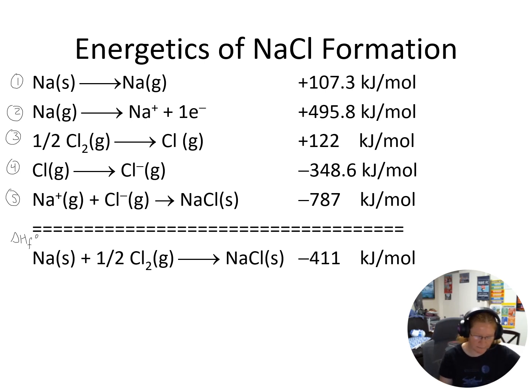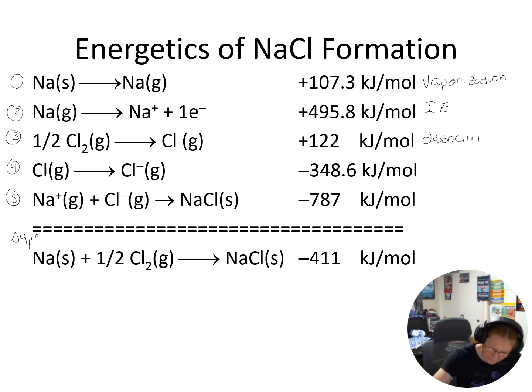All right, so my first process, this is where I did my vaporizing. Okay, process 2, that's where I did my ionization energy. Okay, process 3 here is my disassociation. Process 4 is where I looked at that electron affinity to make that anion. And then this was my lattice energy. Now, there's a note here.